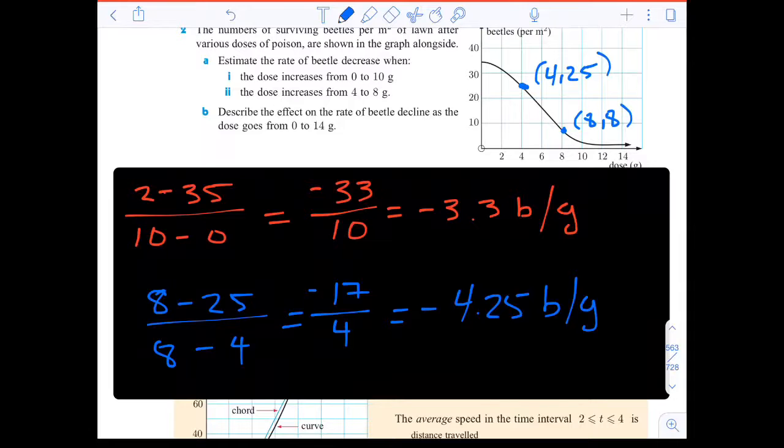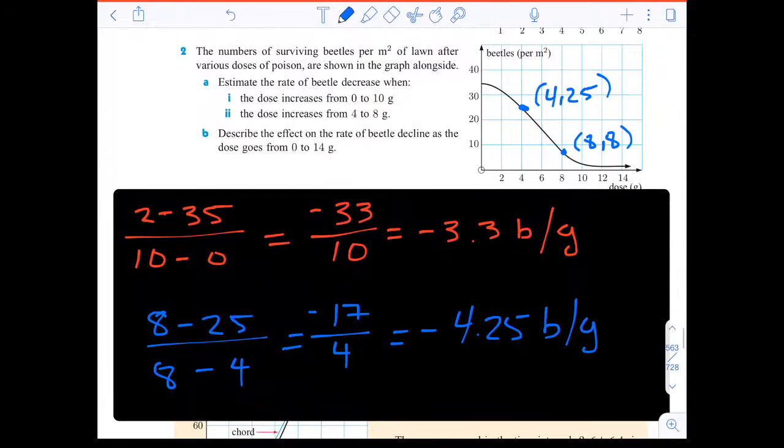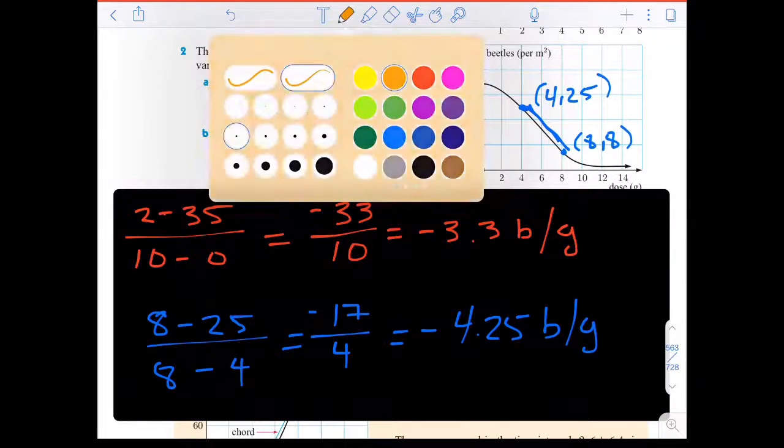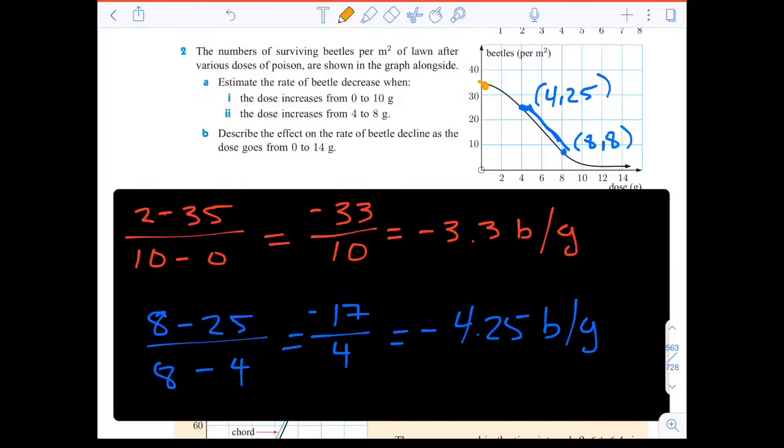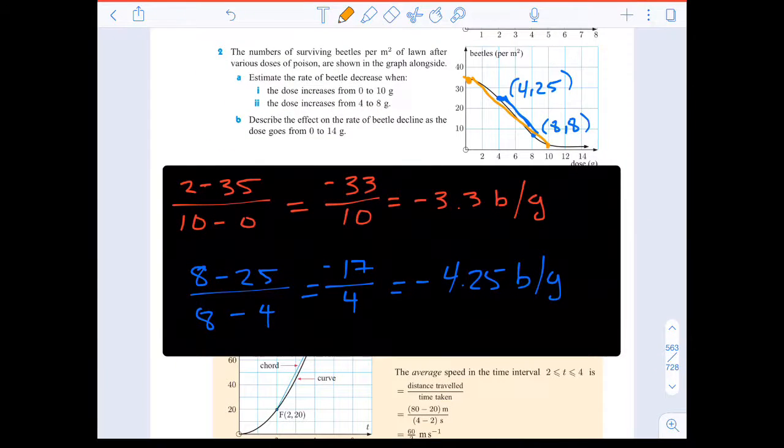So the rate of change is a lot more. So if I imagine the graph that we have up here, it's a lot more steep than the graph would be between 0 and 10. Something like that. So you see that that blue line is more steep, a little bit, not a whole lot, but more steep than the orange line that we have up there for our different rates of change.